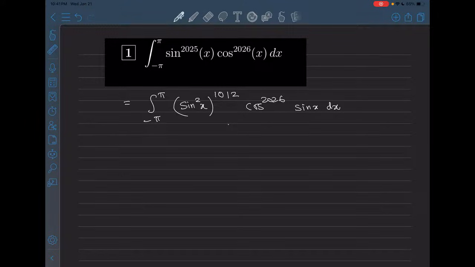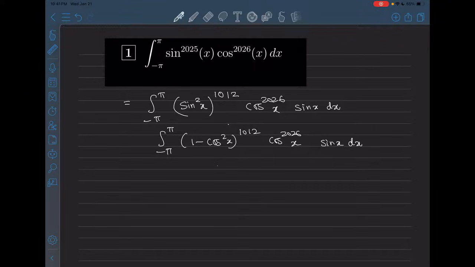What I just did was break sine to the power 2025 into sine to the power 2024 and the sine. So I guess you know what I'm gonna do next. I will write this in terms of cos x, and then we'll do the substitution that we do.